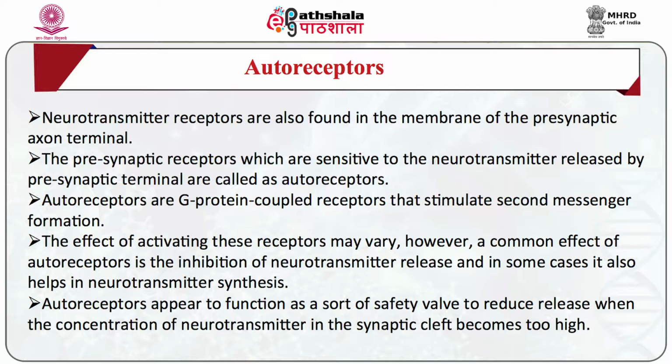However, a common effect of autoreceptors is the inhibition of neurotransmitter release, and in some cases it also helps in neurotransmitter synthesis. This allows a presynaptic terminal to regulate itself. Autoreceptors appear to function as a sort of safety valve to reduce release when the concentration of neurotransmitter in the synaptic cleft becomes too high.